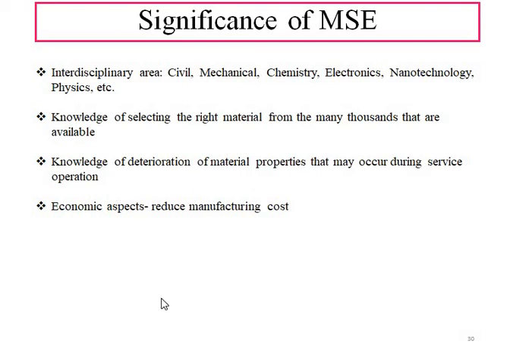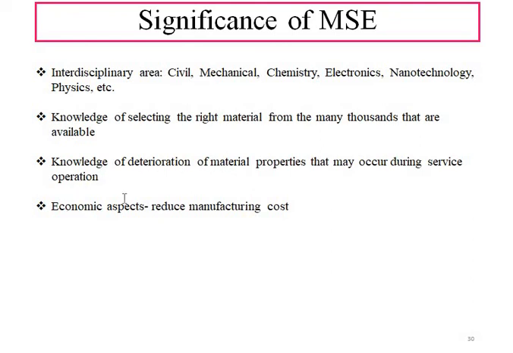See, if you are selecting a material for a space shuttle, you cannot compromise on cost. There you need to give more weightage to the deterioration of material and selection of the right material.